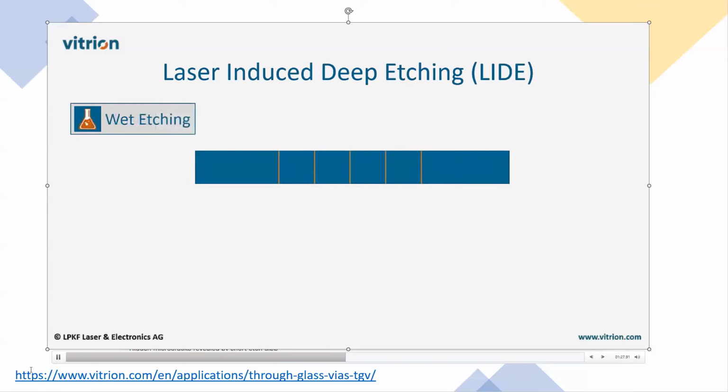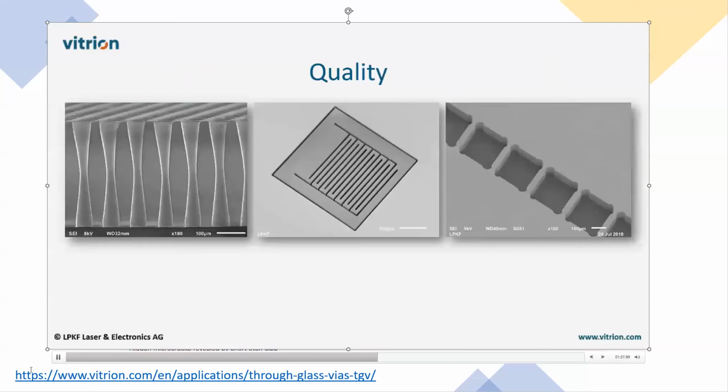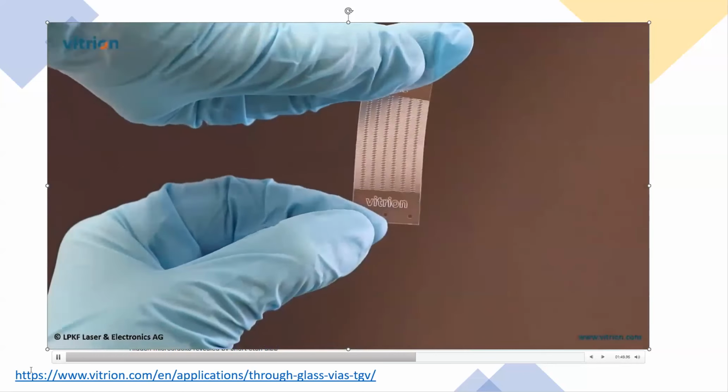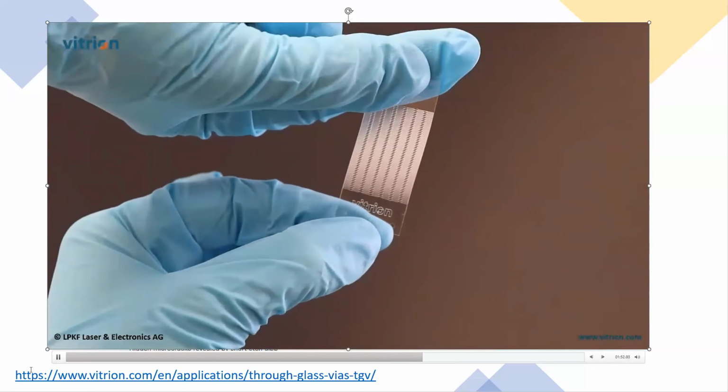Standard wet etching is the second process step in LIDE technology. The previously modified areas are preferentially etched and, if necessary, enlarged to their final size. Microfeatures created in such a way show outstanding quality. LIDE processed glasses are free of microcracks, chipping, and thermally induced stress. It comes as no surprise that LIDE processed glasses show exceptionally high break strength.